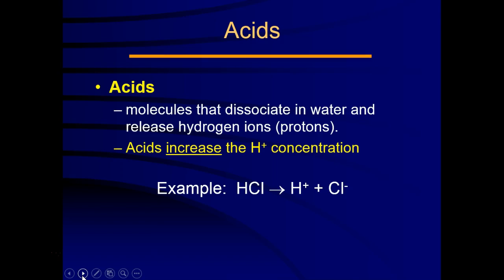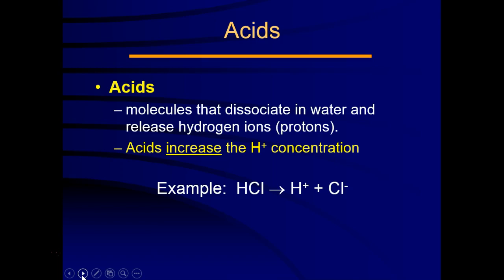So acids are defined as molecules that dissociate when you place them in water and release hydrogen ions. We define an acid as something that increases the hydrogen ion concentration of a solution. So we say that pretty much any substance that increases the hydrogen ion concentration of a solution is classified as an acid.